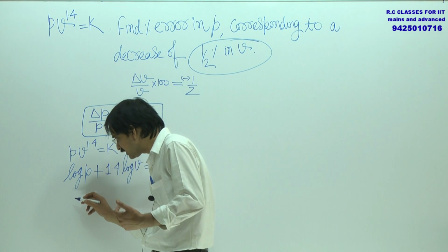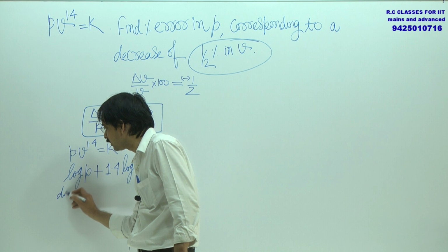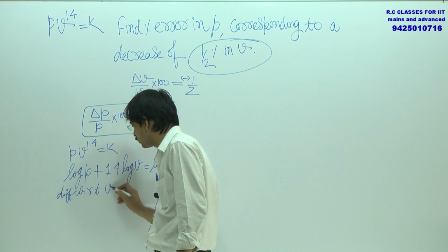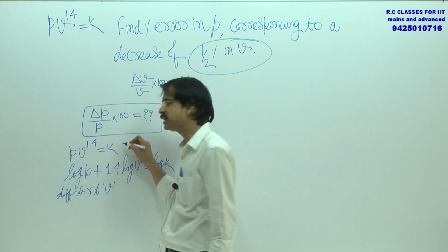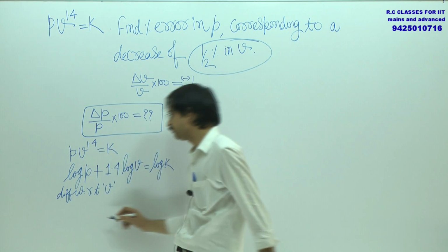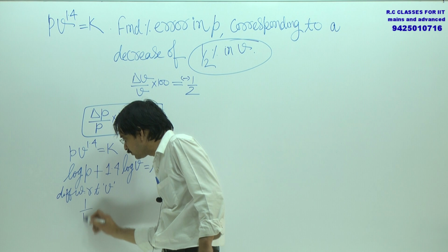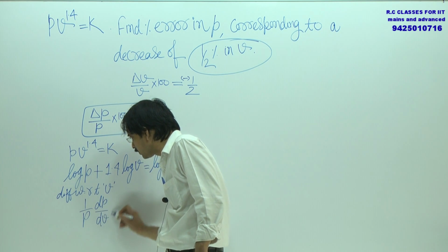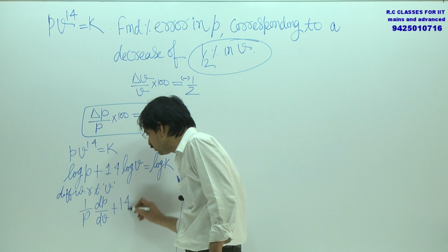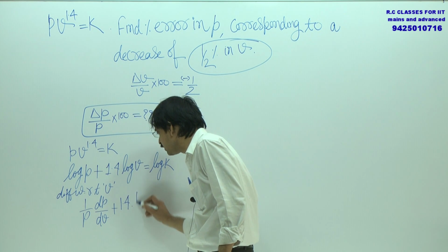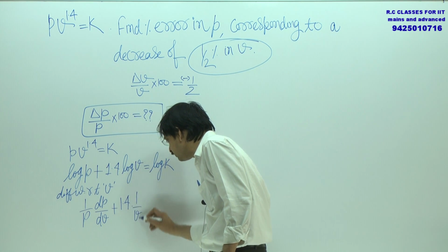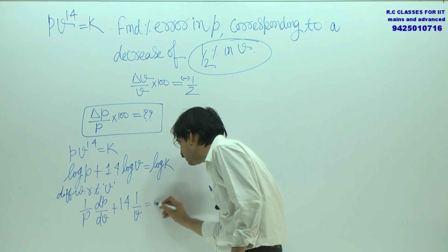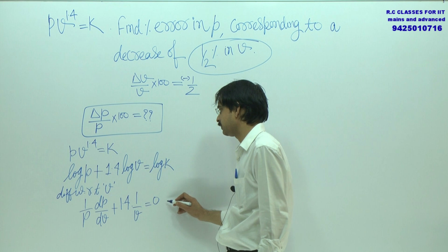Now differentiation with respect to V. You can differentiate it using the product rule also. 1 by P dP by dV plus 1.4 derivative of log V, that would be 1 by V. With respect to V we are differentiating, and then it is 0 there.